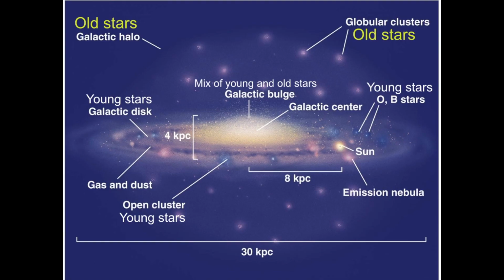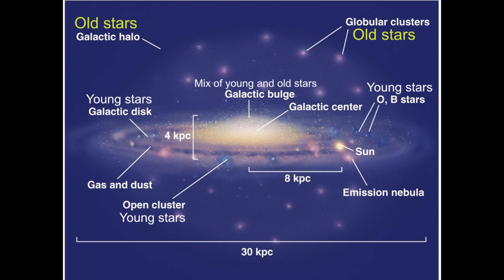All right, so this is our general picture of stars in the Milky Way. We've got old stars in the halo. Globular clusters are distinctly old. The O and B type stars are only found in the disk. There are emission nebulae, which are those hydrogen gas clouds, which are pinkish. The sun is about 8 kiloparsecs, or about 30,000 light years from the center.